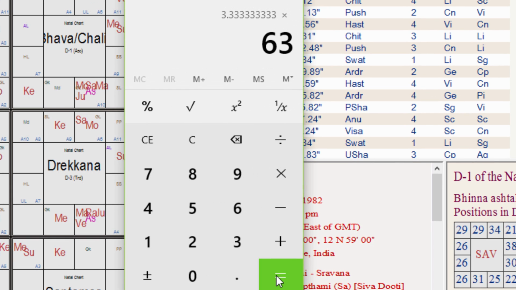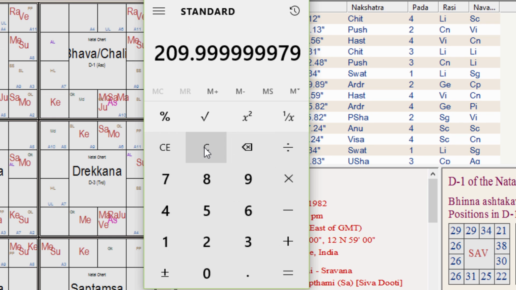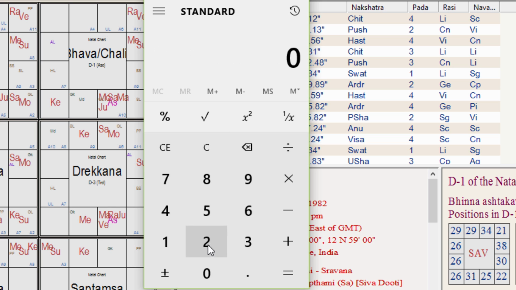And if you multiply by 63, you get 209.999. This is equal to 210. So 210, if you divide this by 30 degrees, because each sign or house is 30 degrees long, you get 7 full houses have passed by from the exact Lagna degree. Therefore, the 64th Navamsa is actually the peak point of the 8th house.